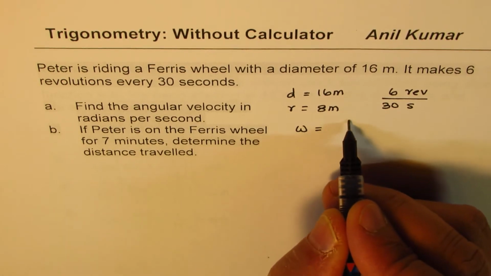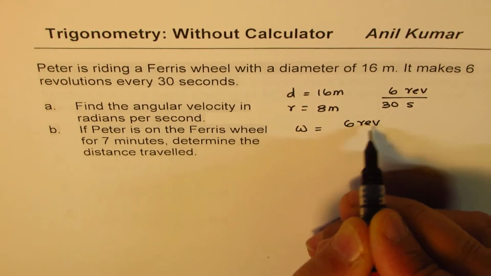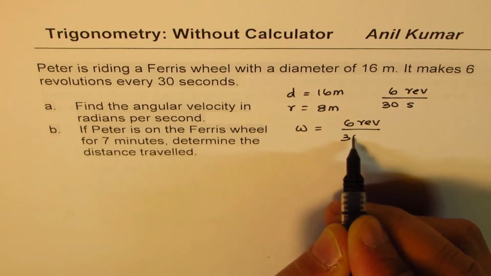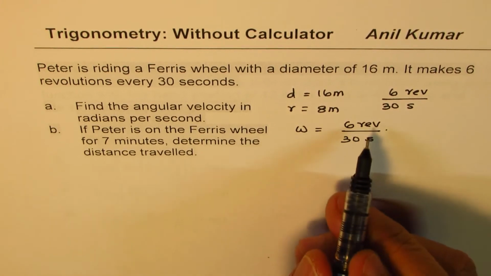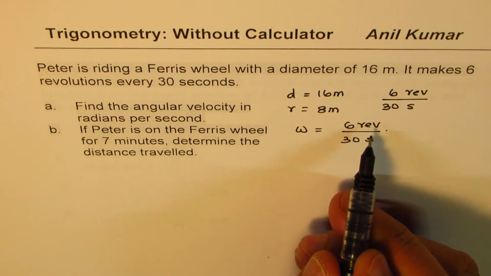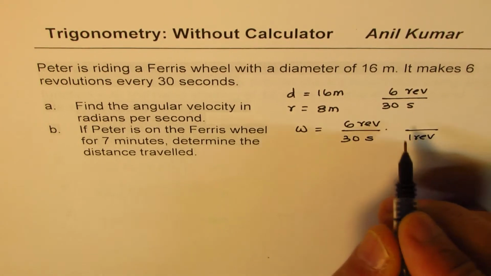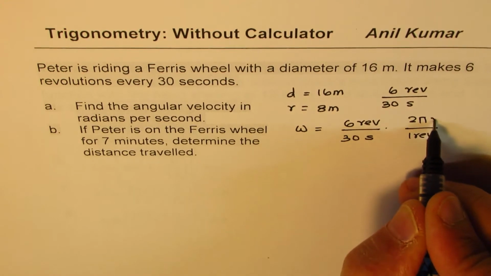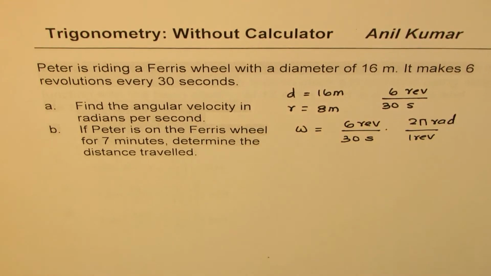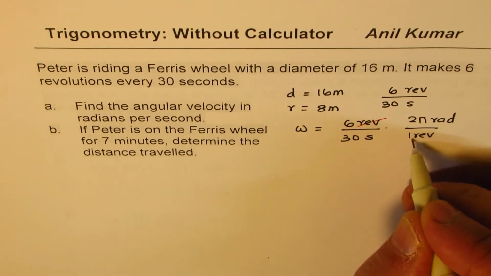So we could write this as 6 revolutions in 30 seconds. We don't want revolutions, but we want radians. What is 1 revolution equal to? 1 revolution is 2 pi radians, correct? So that's the easy way of converting the units without remembering anything. Do you see that?